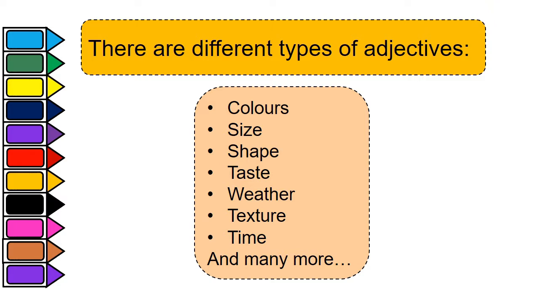Now there are different types of adjectives. They come in all sorts, such as in colors, size, shape, taste, weather, texture, time, and many more.